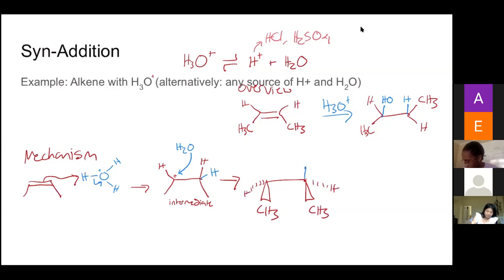We've got our one hydrogen from before, but instead of having our alcohol group yet, we've got an oxygen that's bound to two hydrogens and has a plus charge. So we're still not quite where we want to be.